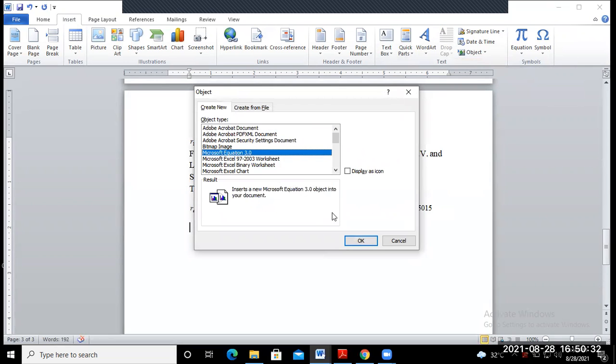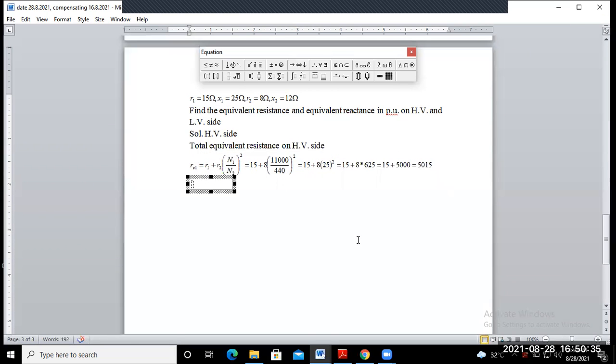So XE1 equal to X1 plus X2 into N1 by N2 whole square.